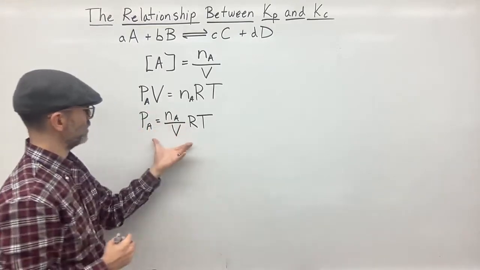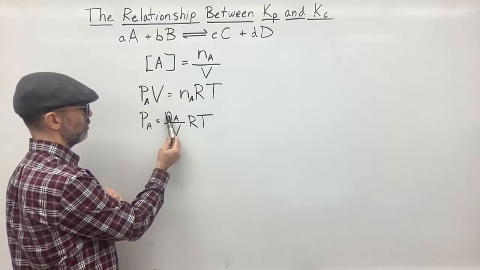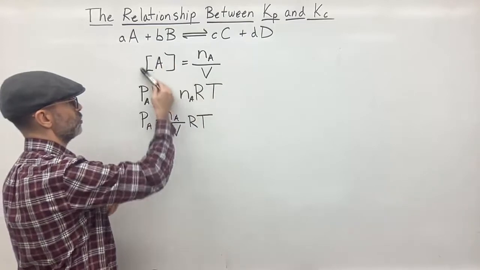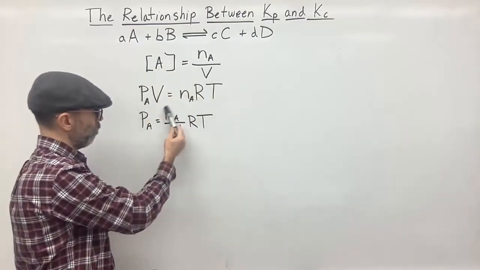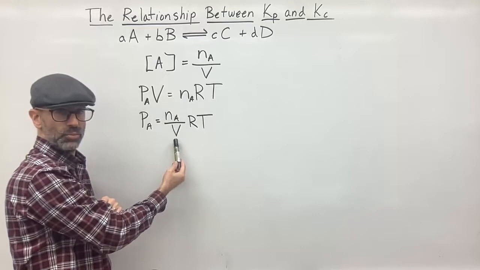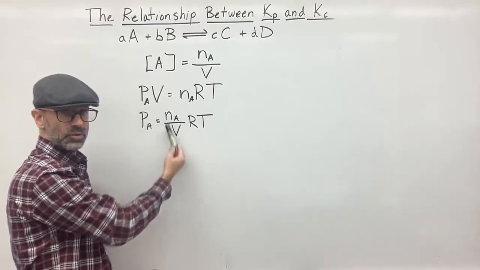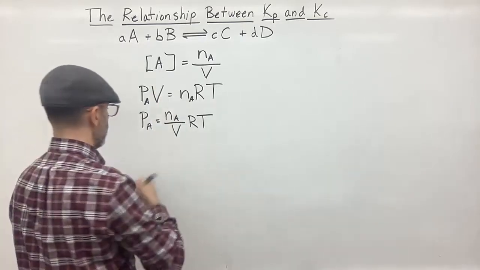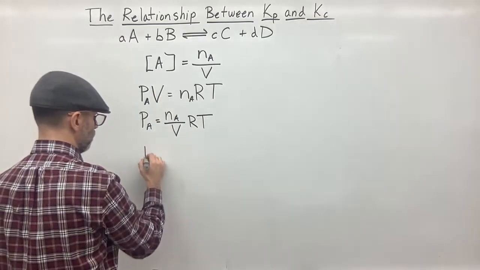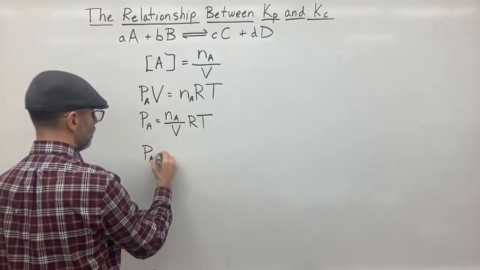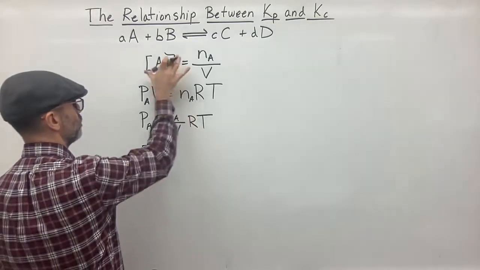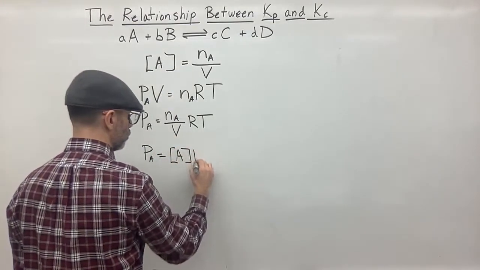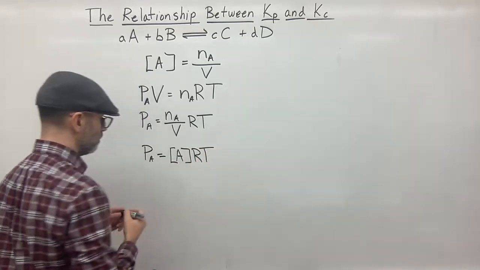Now we can see that we have number of moles of A over V, number of moles of A over V. So now we can substitute concentration of A for this, since this is what we mean by concentration. So we're going to substitute this for this. PA is equal to, instead of this, the concentration of A multiplied by RT.